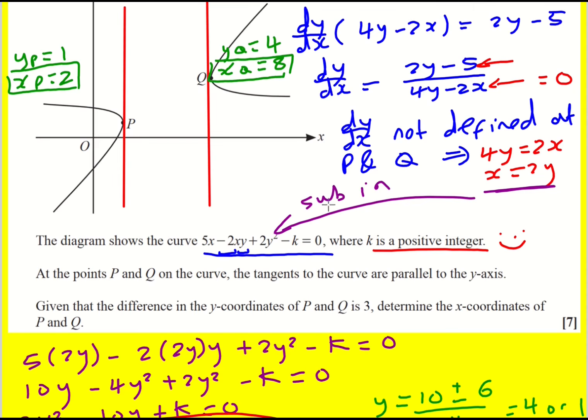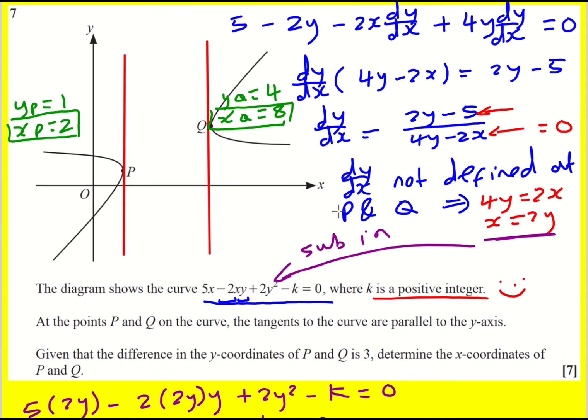Okay, nice question. So just to summarize, it's implicit differentiation. You've got to realize that because it's talking about the tangents. So let's find dy by dx, which we do, make it the subject. Got to then realize that it's where dy by dx is not defined, or dx by dy is 0. That's another way to think about it. And then that gives us that x is 2y.